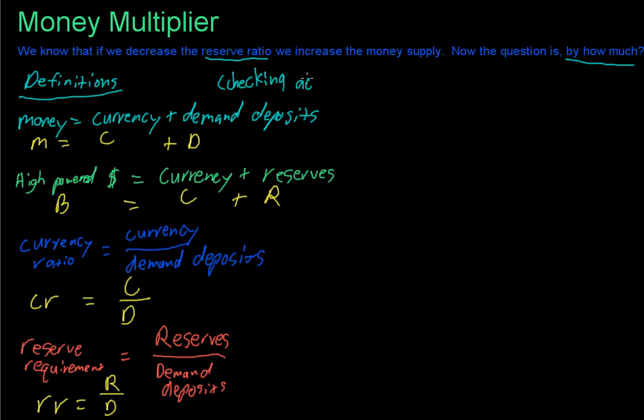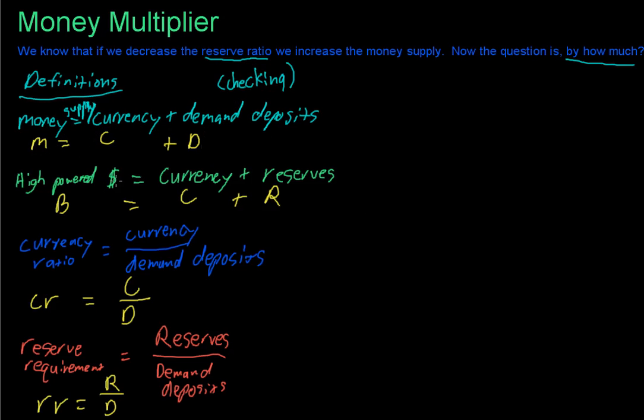And money is the money supply. So money supply is equal to currency plus demand deposits. And rather than rewrite this when I'm doing some math, I'm just going to write M is equal to C plus D. So C stands for currency, D stands for demand deposits, and M stands for money.